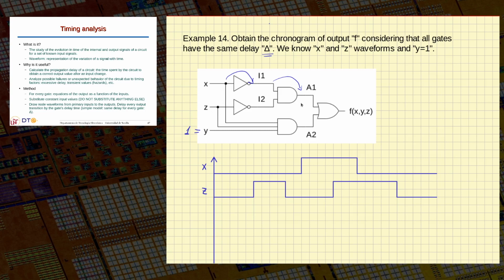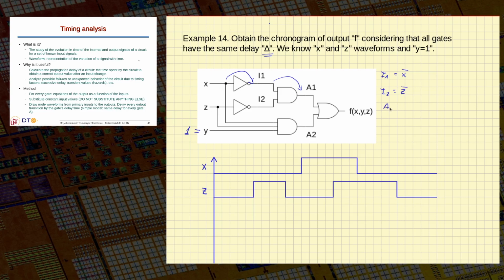So in the first step, I want to know the expressions of every node as a function of the inputs. I know that I1 is X complemented. Okay, so I do the analysis, but only gate by gate. I2 is Z complemented.